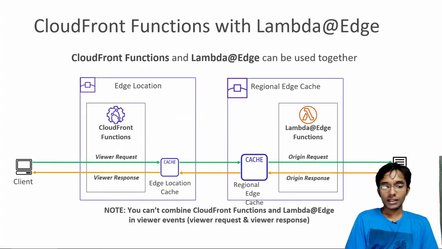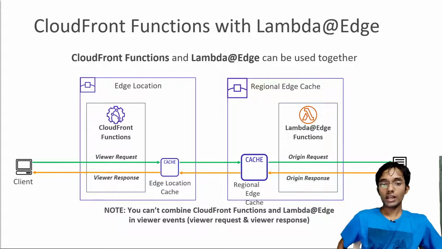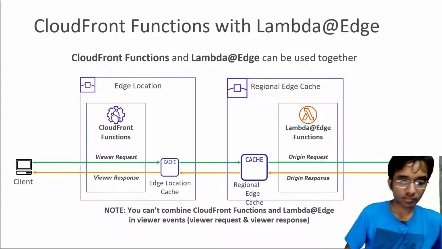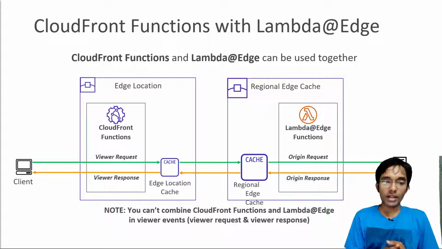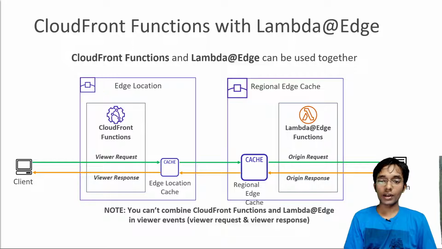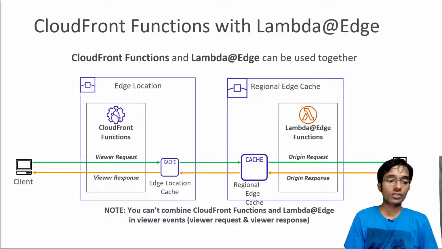Now let's have a look at how these things can be used together. So we have edge locations and the regional edge cache, and the viewer request goes all the way like this, then goes through to the origin. And then the origin response goes all the way back to the viewer response.